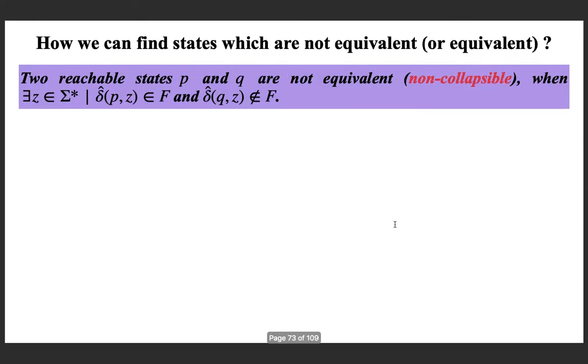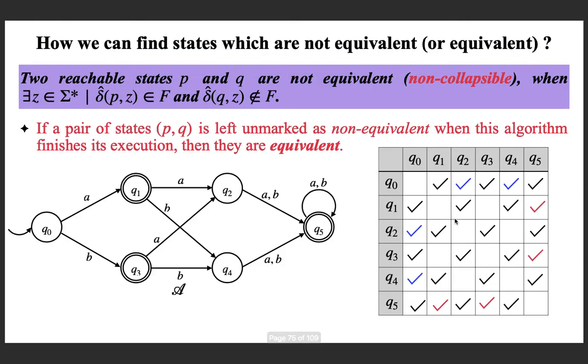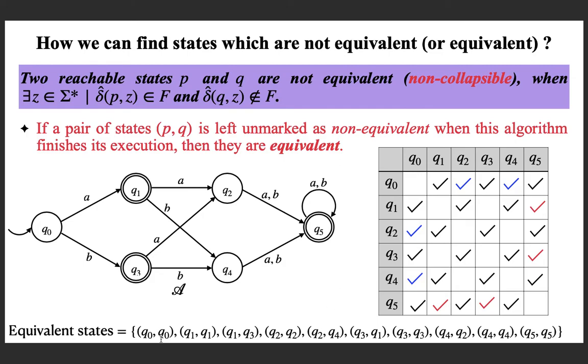So equivalent pairs are those pairs left unmarked by the algorithm. Here are the equivalent pairs. How many are there? 1, 2, 3, 4, 5, 6, 7, 8, 9, 10. That is Q0, Q0, then Q1, Q1, Q1, Q3, Q2, Q2, Q2, Q4, etc.